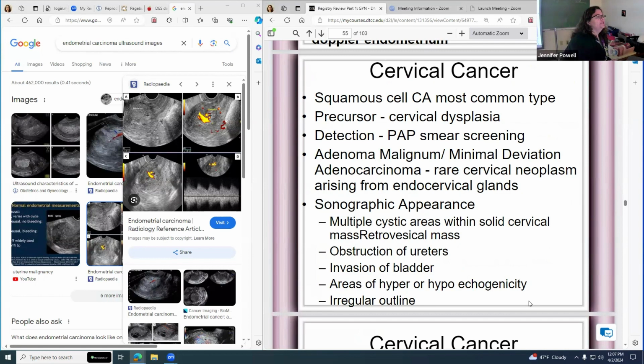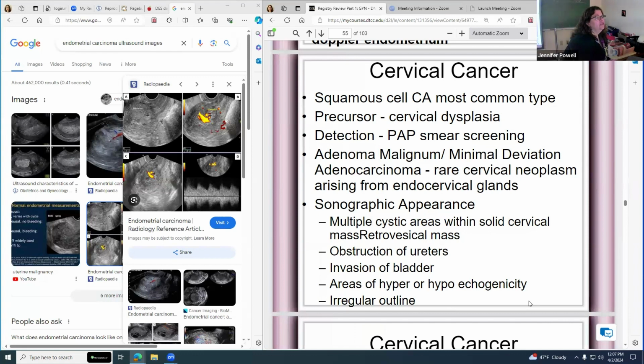The precursor is cervical dysplasia. So women go in, they have a pap smear, they have changes to these cells, and that's a precursor. So they may do a procedure to try and remove or freeze those cells. Detection is at pap smear screening.